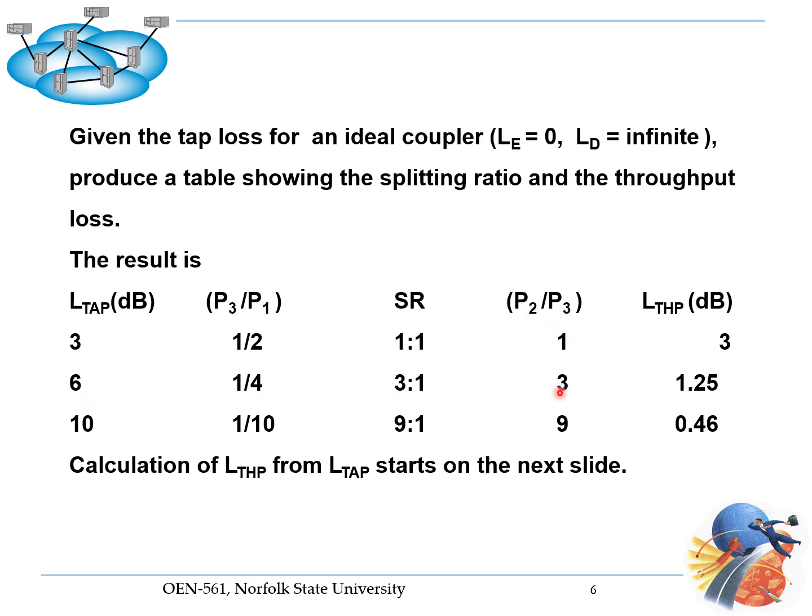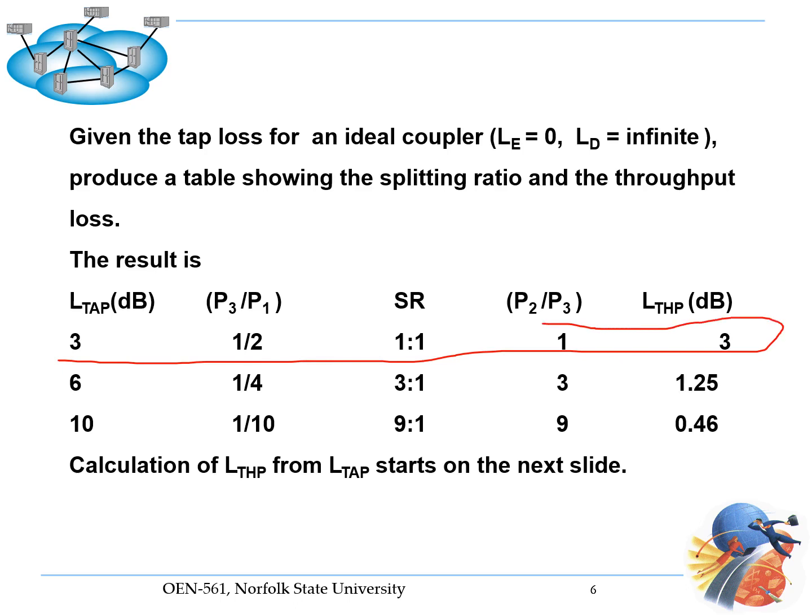P2 over P3 will be 3, and the throughput loss is 1.25 dB. And splitting ratio 1 to 1, when signal is split 50-50, we have P3 over P2 is 1/2, and the tap loss is 3 dB, and P2 over P1 will be also 1/2, and throughput loss is also 3 dB.